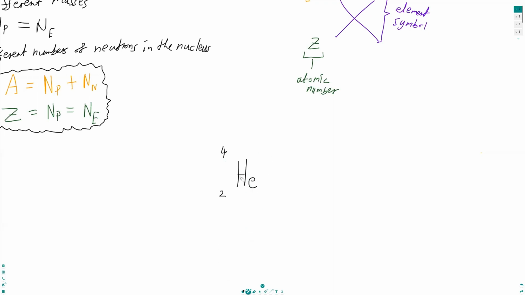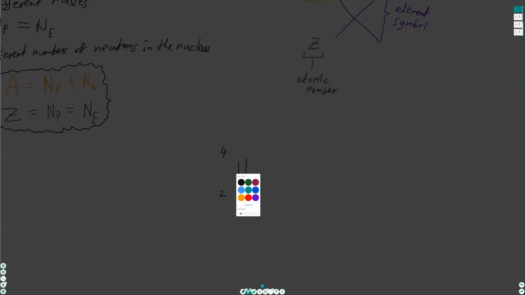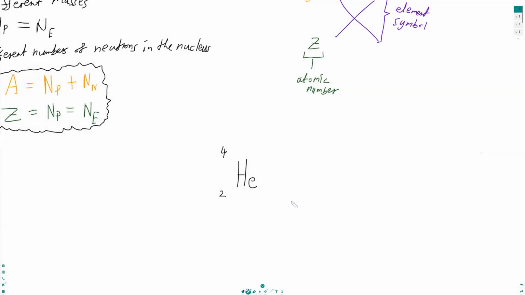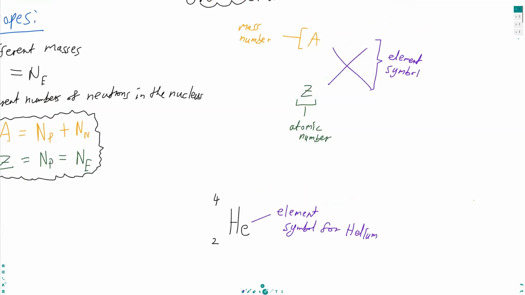So let's label all of our parts. Here we have the element symbol, for helium. Now, the mass number tells us how many protons and neutrons are in the nucleus.